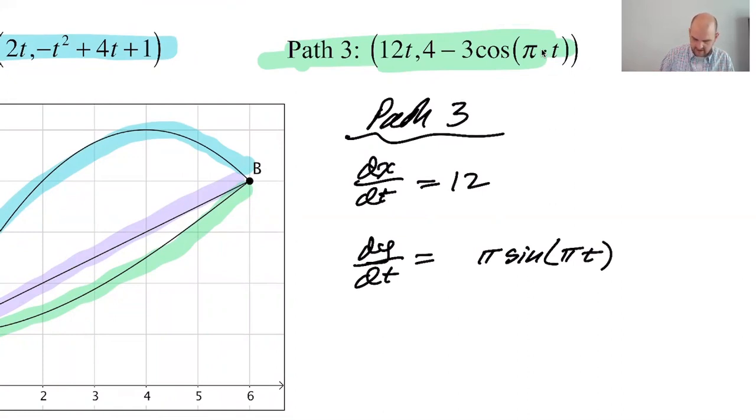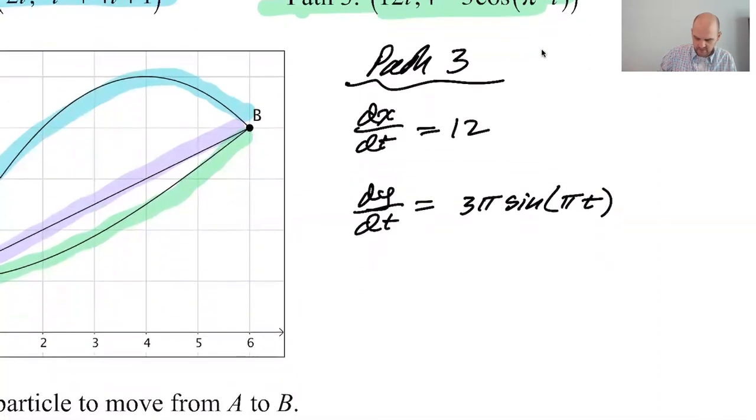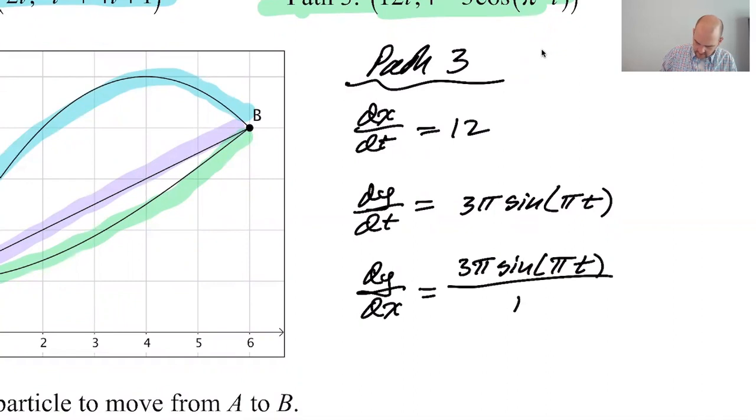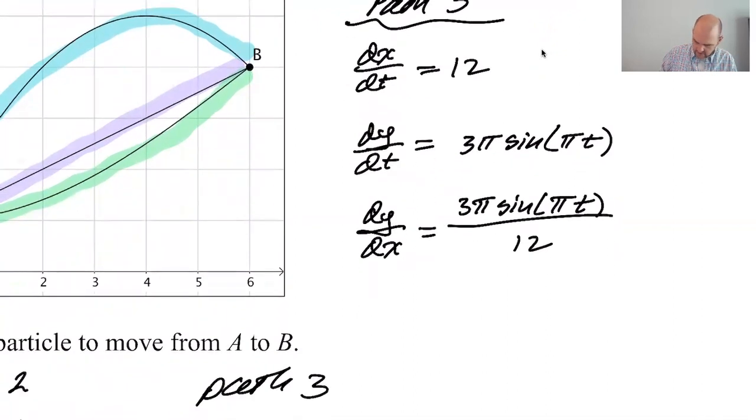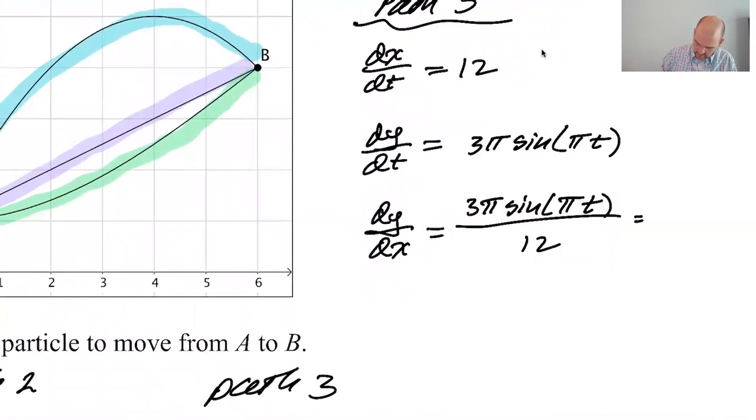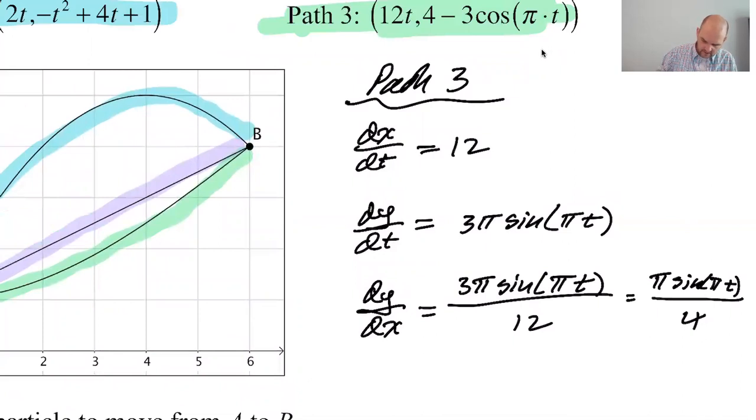It's going to be 3 pi sine of pi t. I've lost all of my confidence at this point, but I think that's right. And then dy dx is dy dt over dx dt, 3 pi sine of pi t over 12. So I guess pi sine pi t over 4. Gross.